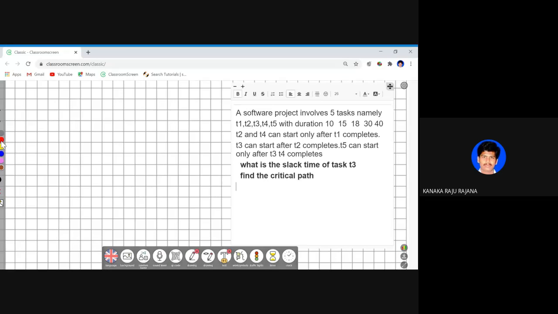Therefore, if this is your respective diagram, let us say T1 is my activity. T2, T4 can start. So this is T2.